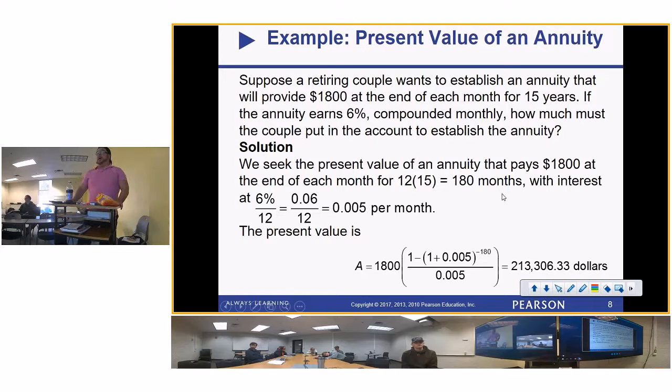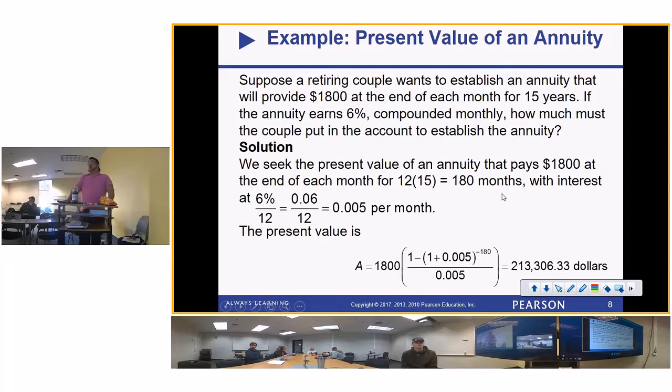Suppose the retiree wants to establish, by the time they get through paying their annuity, when they get 65 years old, they're going to divide $213,306 by 180 payments.